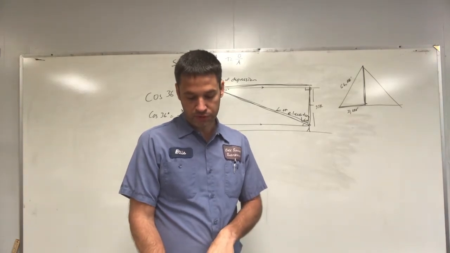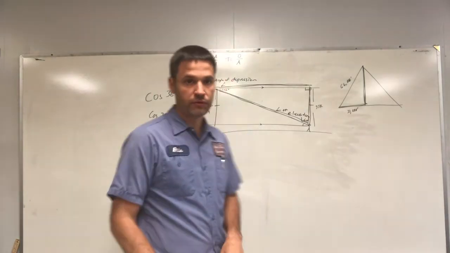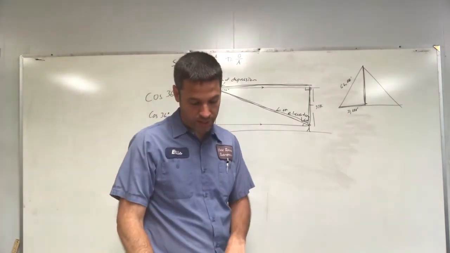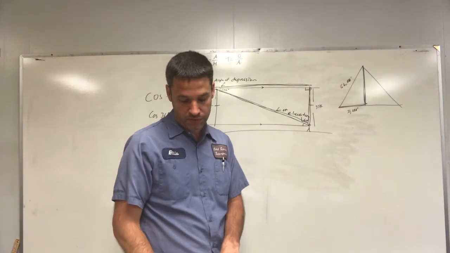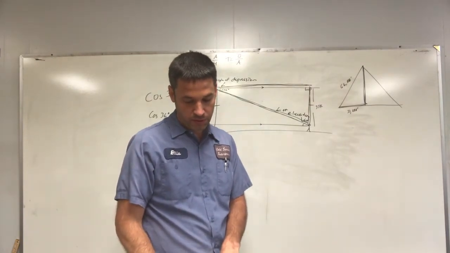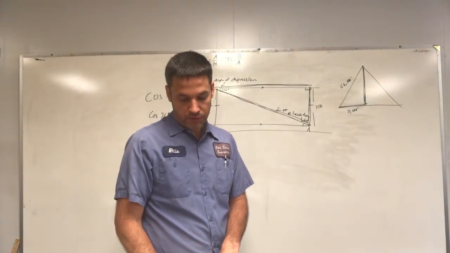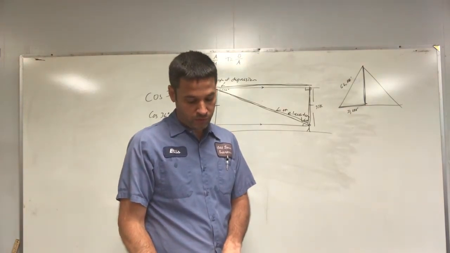So opposite over hypotenuse, you're going to use the sine for both problems, for both x and y. So the sine of angle A, the furthest out one, the sine of 40 degrees is 60 over x. Put that in your calculator, you get x equals 93.34 feet.